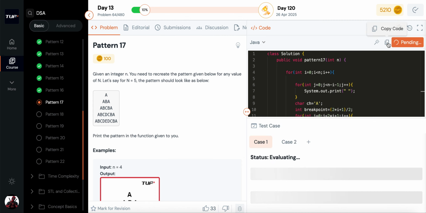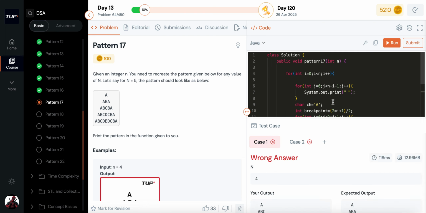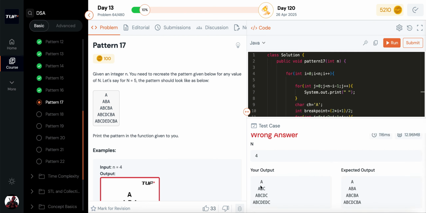Let me run. Wrong answer, because I have printed ABC instead of ABA.